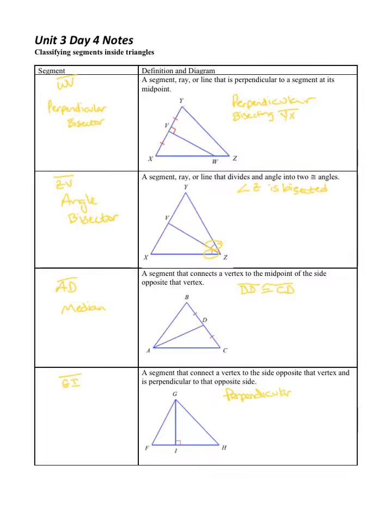But do you see any congruency markers anywhere? Is FH being bisected? It is not. This is called the altitude. Now you're going to be using the altitude later on in semester 2 when you have to calculate area and volume. So the altitude is a line dropped from the vertex to the opposite side, and it makes a right angle. All right, next page we're going to apply them.